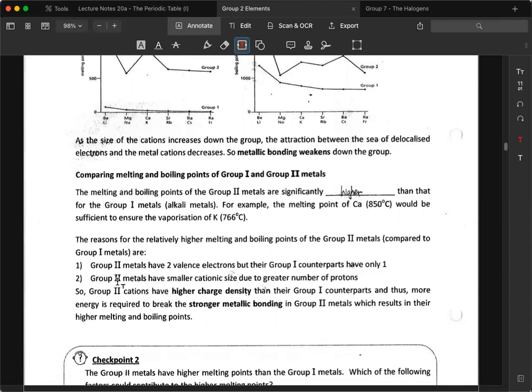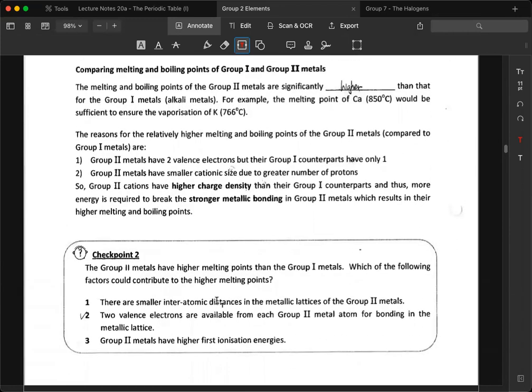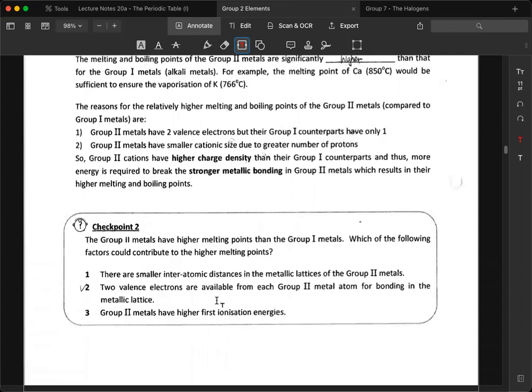Then group 2 cations have a higher charge density, so more energy is needed to break the stronger metallic bond. So which factor contributes? It will be the valence electrons.